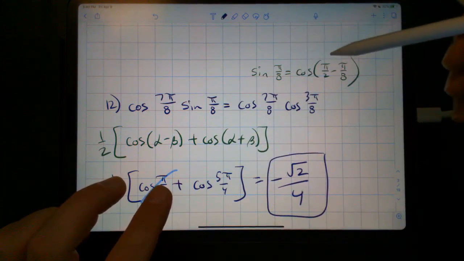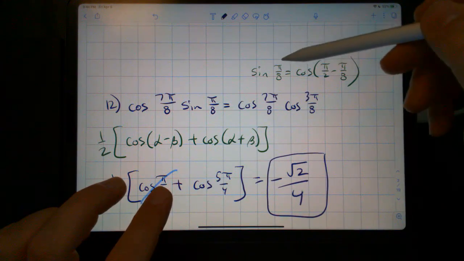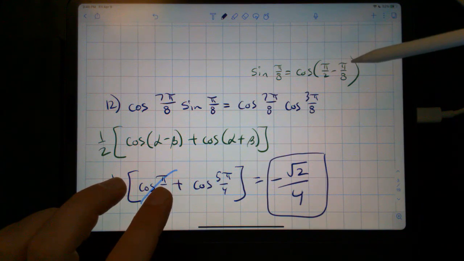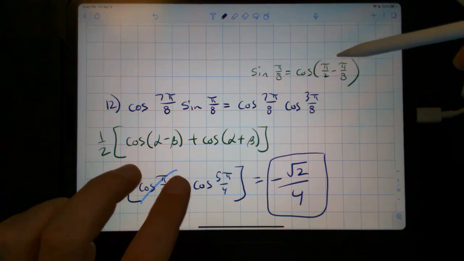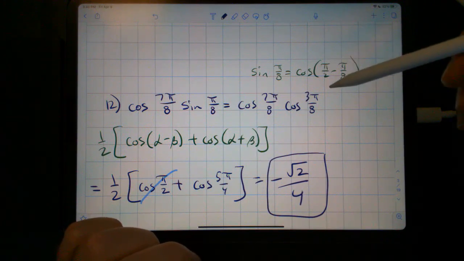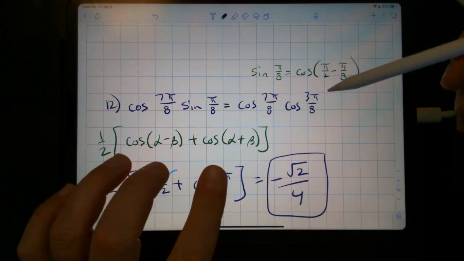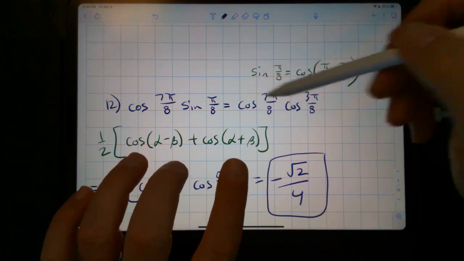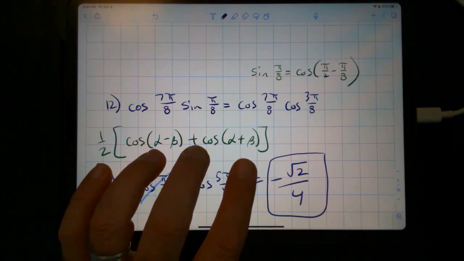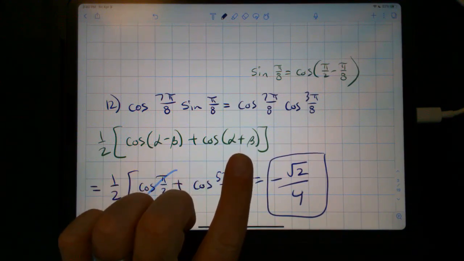Here I decided to go with the cofunction angles. So sine of theta is equal to cosine of 90 degrees minus that theta. And so pi over 2 is 4 pi over 8 minus 1 pi over 8 is 3 pi over 8. So this basic structure is 1/2 cosine alpha minus beta plus cosine alpha plus beta.